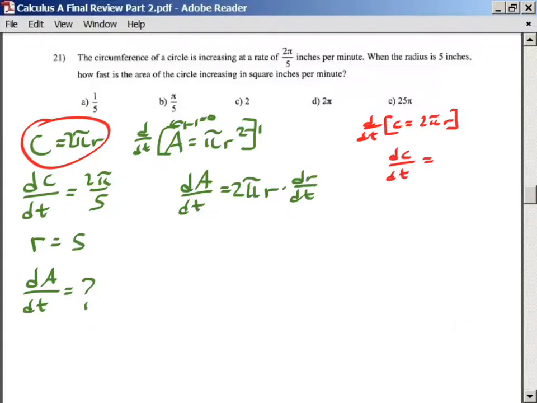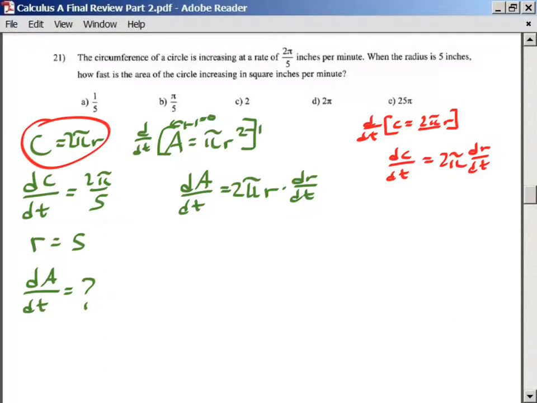And on this side, that would just be 2 pi, because remember that's a constant right there. And then I take the derivative of r, which would just be 1, because it has no power, and then I'd put dr over dt. Oh, hey, check that out. There's another dr over dt. Now, if I have a dC over dt, if I could put a number right there, I can get dr over dt and know what that equals.